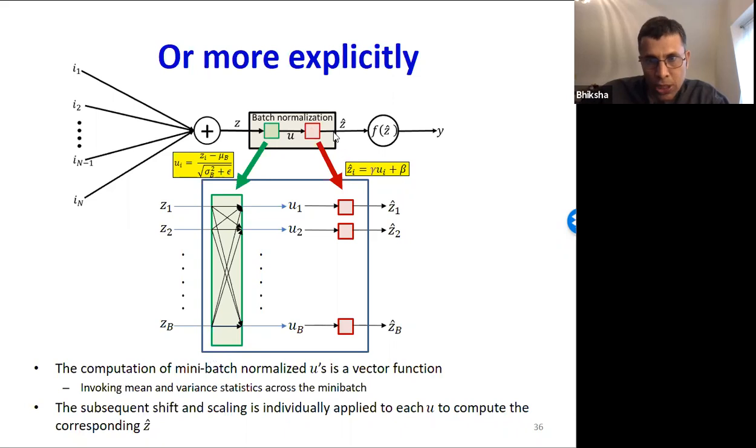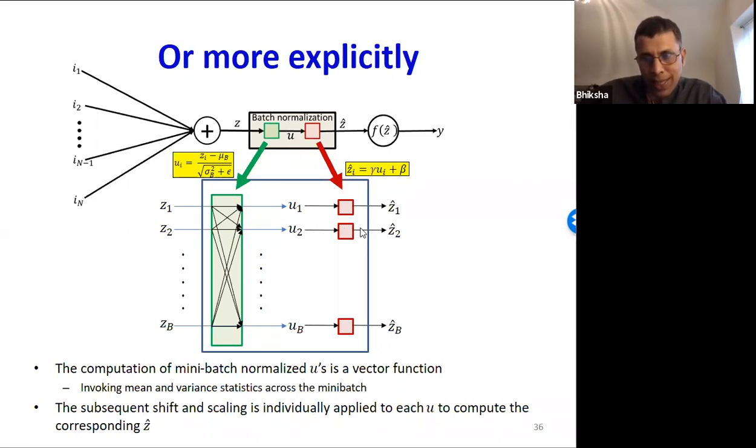The second operation, which is the shift of the instances, is performed independently on each instance. You basically just multiply the instance u by gamma and then add a beta. So this is the entire batch norm operation, two stages. The first is a vector operation over the entire mini batch. And the second one is a collection of individual scalar operations.